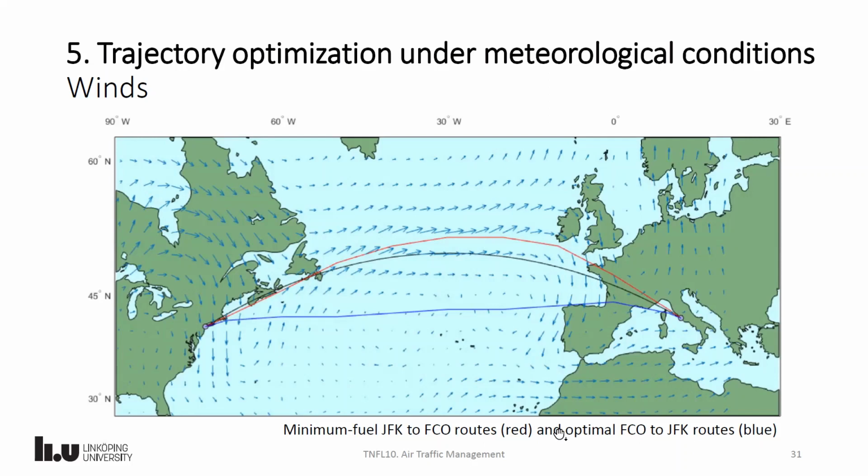And at the same time, if we want to fly from Rome to New York, the optimal minimum fuel trajectory would be this blue one over here, which is very different from these other ones. They want to avoid the headwinds in order to not be slowed down, so they fly over here where the winds are not that detrimental to them. You can see that these routes are quite different.